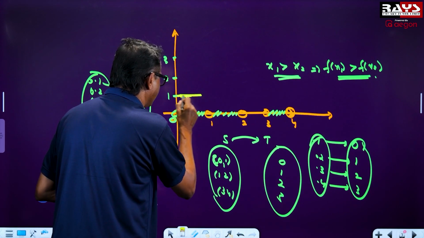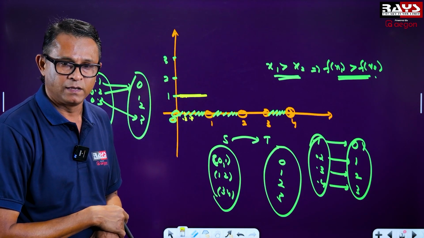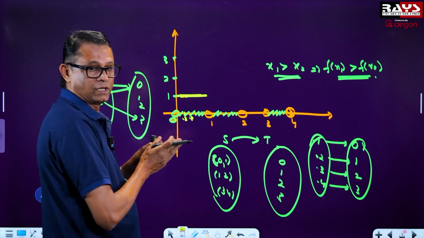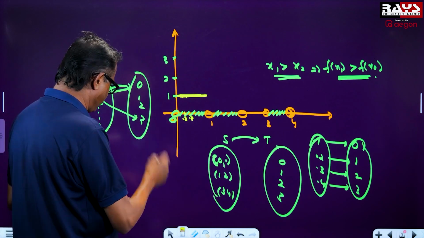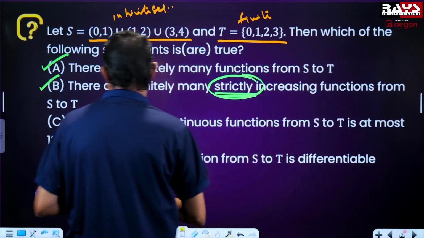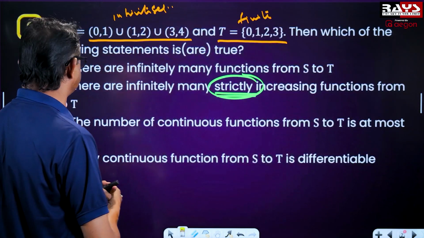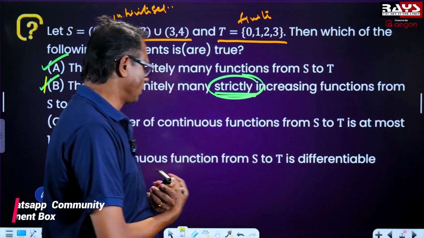So it will be like this only. We can map in this way only. So it is not increasing actually. It is only horizontal. Understood? So we cannot form a strictly increasing function. The statement that there are infinitely many strictly increasing functions from S to T is wrong. Okay, so we cannot do that.